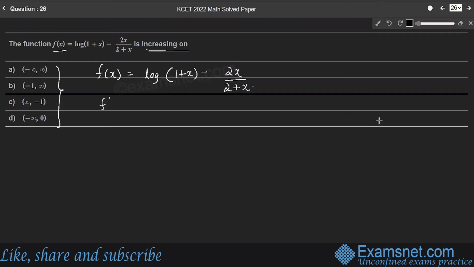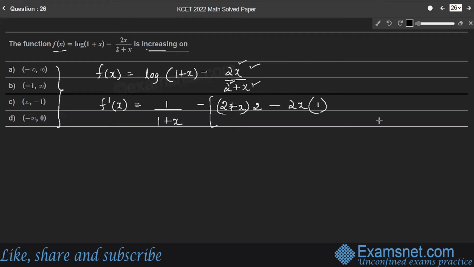Now consider f dash x, the derivative of the given function. The derivative of log 1 plus x is 1 by 1 plus x, minus the second term, 2x by 2 plus x. Its derivative is the denominator 2 plus x into the derivative of the numerator, which is 2 into dx by dx, which is 2. Therefore, it is 2 minus the numerator 2x into the derivative of the denominator. The derivative of 2 is 0 since 2 is a constant, plus dx by dx is 1.